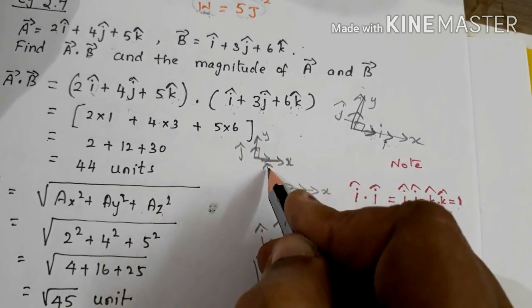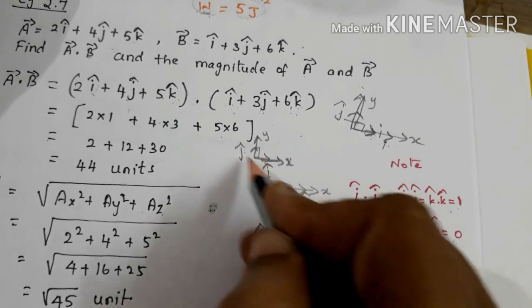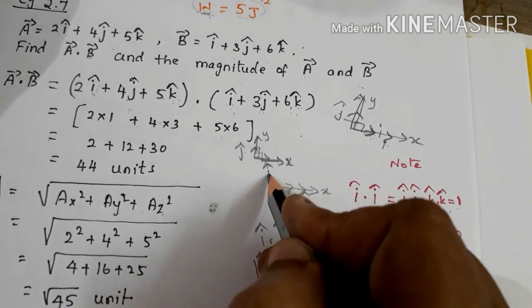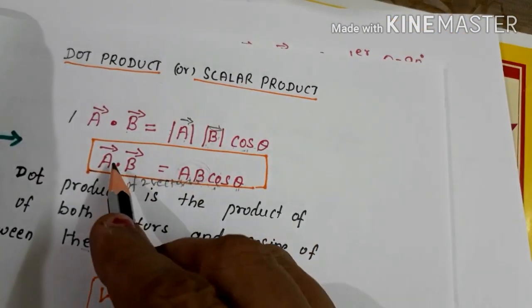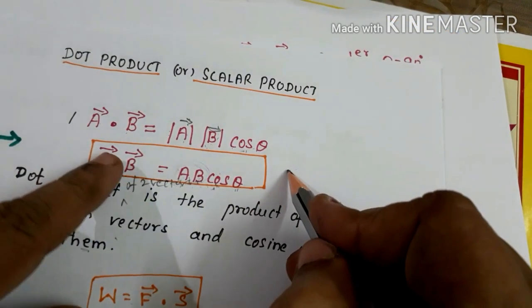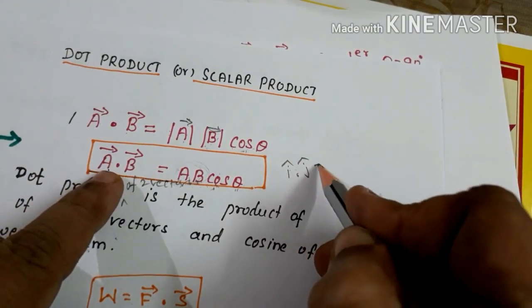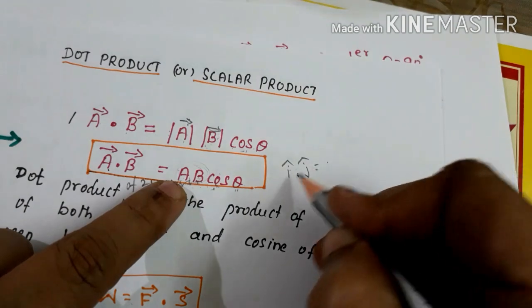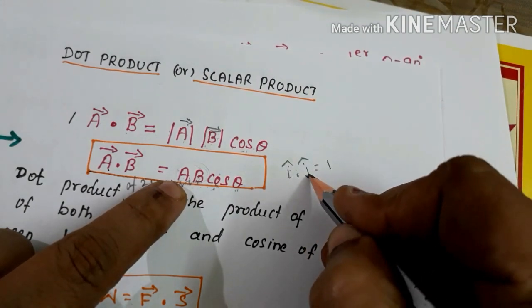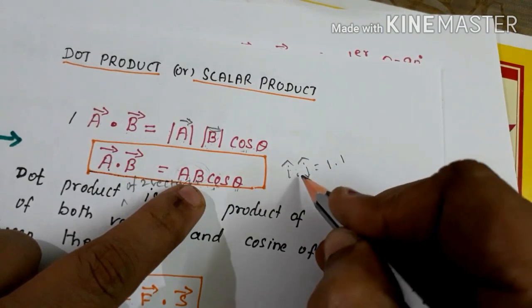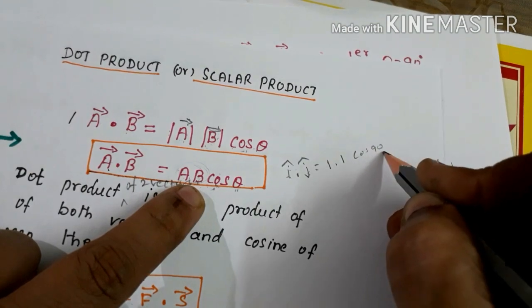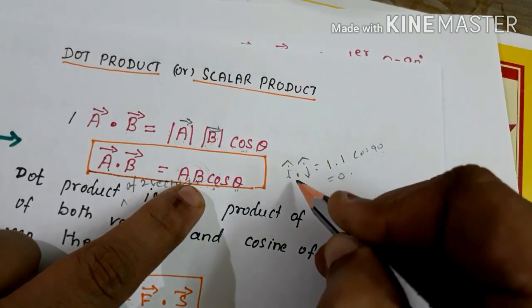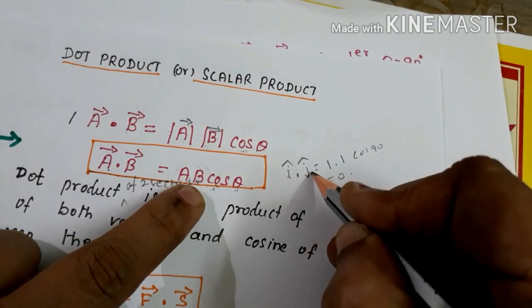The angle between these two is 90 degrees, since they are orthogonal unit vectors. Substituting in this formula, i cap dot j cap is equal to modulus of i cap, which is 1, times modulus of j cap, which is 1, times cos 90. Cos 90 is 0, so the answer will be 0. i cap dot j cap is 0.